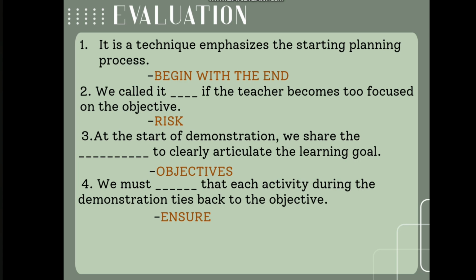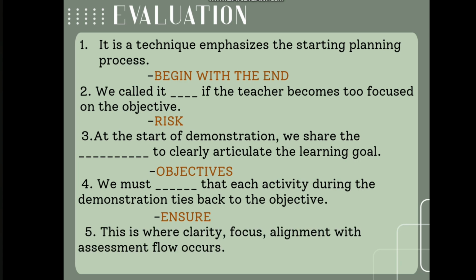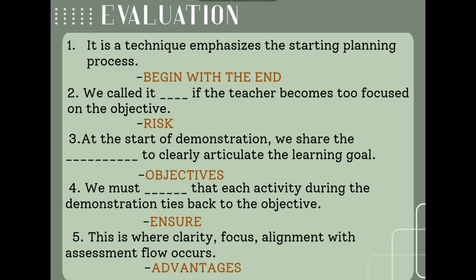And for the last but not least question, this is where clarity, focus, and alignment with assessment flow occur. Again, this is where clarity, focus, and alignment with the assessment flow occur. And 5, 4, 3, 2, 1. There, it's advantageous.